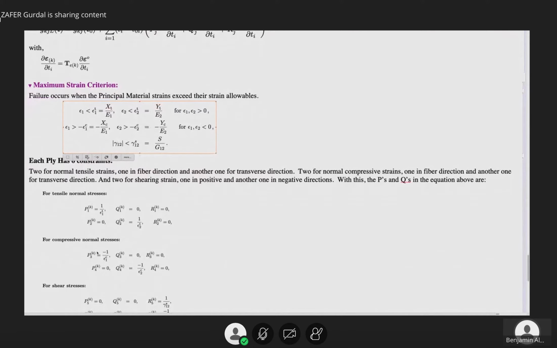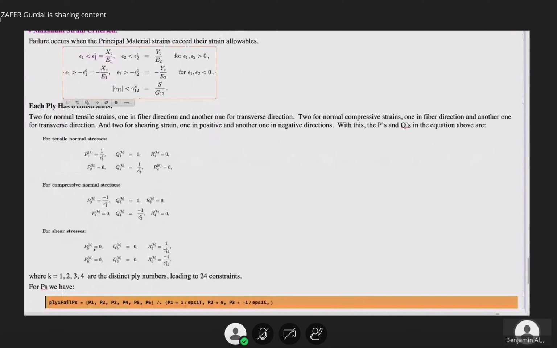And then for compressive, you will have P3 and P4 along the fiber direction and perpendicular to the fiber direction. And for shear, P5 and P6, and R5 will be 1 over gamma 1, 2. R6 will be minus 1 over gamma 1, 2. So that will be R5 and R6. P5 and Q5 and P6, Q6 will be equal to 0.